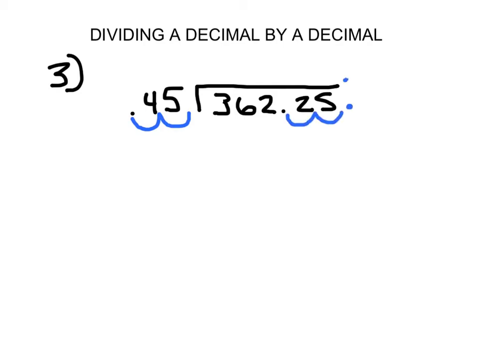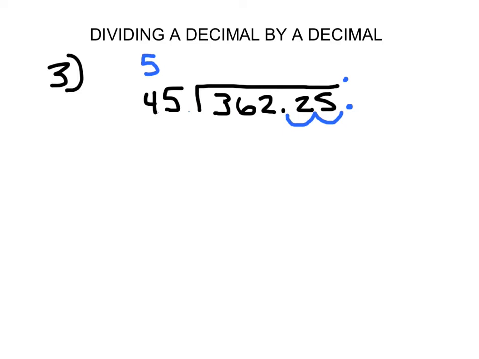We place now our decimal point, and I'm going to take away these, and now we have these numbers to be divided. So 45 will be rounded to 50. We say, how many times does 5 fit into 36?